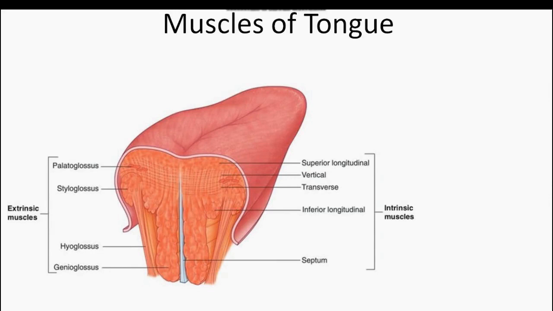Now we will see the intrinsic muscles. There are 4 pairs of intrinsic muscles.